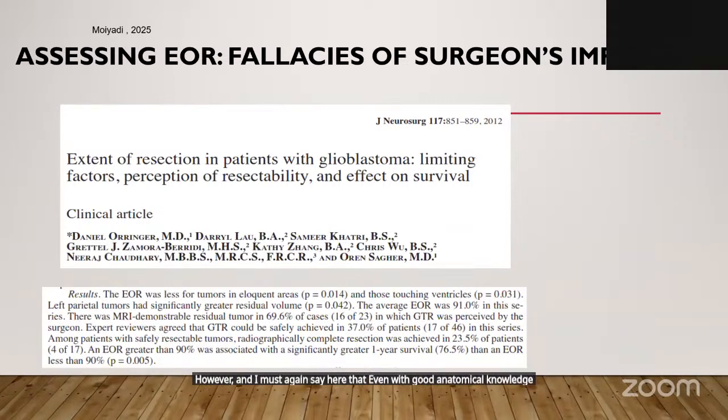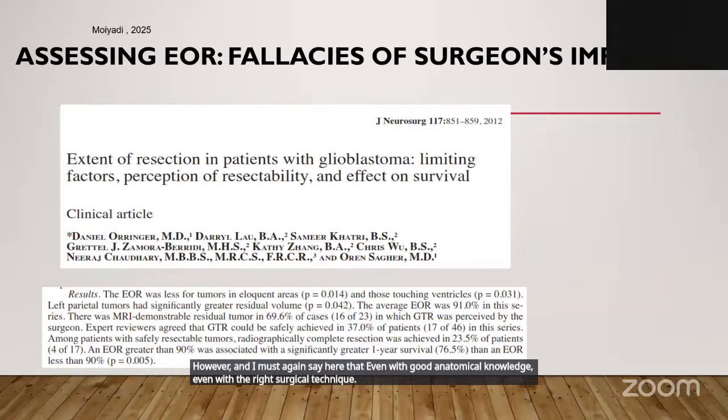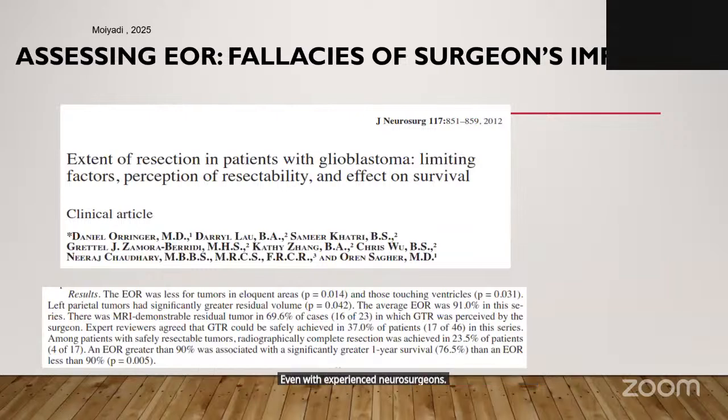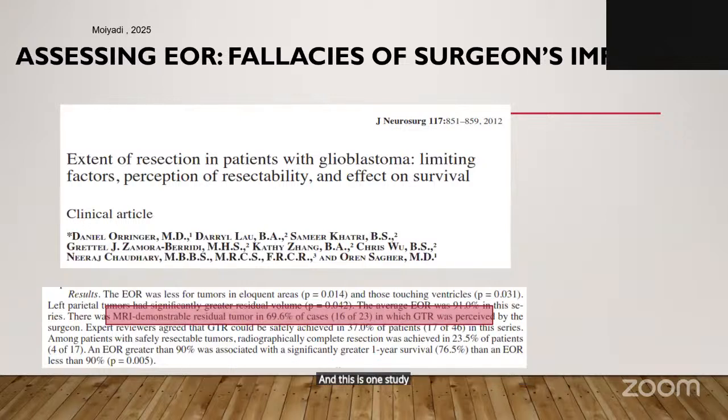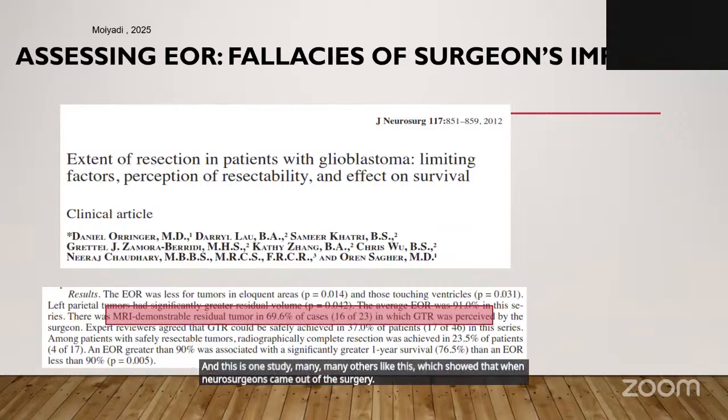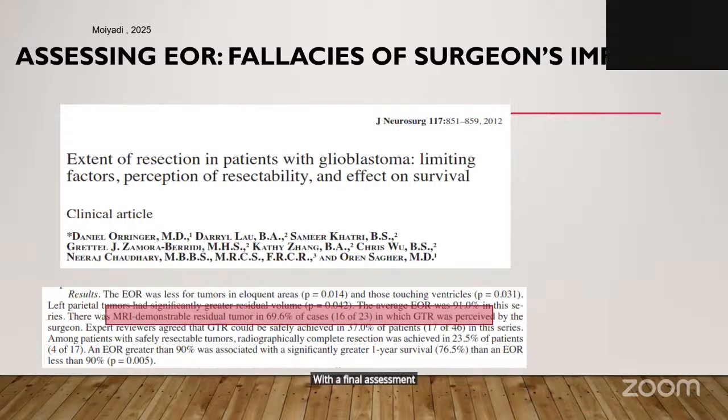However, I must again say here that even with good anatomical knowledge, even with the right surgical technique, even with experienced neurosurgeons, assessing the intraoperative extent of resection just by visual inspection can sometimes be fallacious. This is one study, among many others like it, which showed that when neurosurgeons came out of surgery with a final assessment of gross total resection and the postoperative MRIs were objectively reviewed, in around 70% of the cases residue was detected.